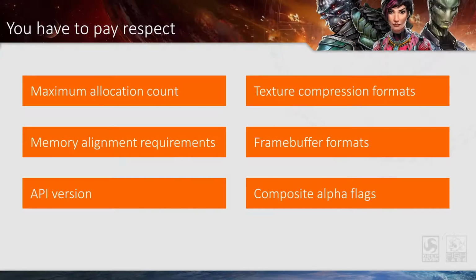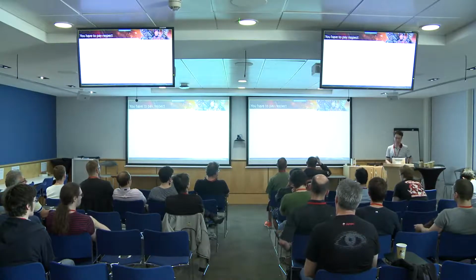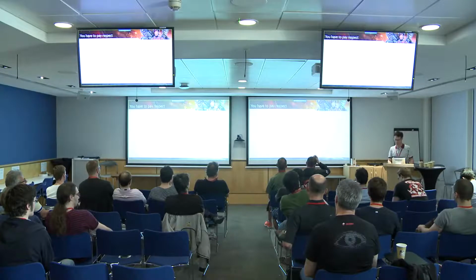First, what we learned is that you have to pay respect to the limitations, boundaries, and properties that the driver or the Vulkan implementation gives you. With Vulkan, you can query lots of things and ask if they are supported and what limits they have. One problem we hit here was the maximum allocation count. As we also heard earlier today, there is a maximum number of allocations you can do.